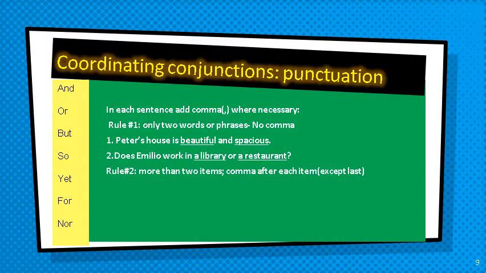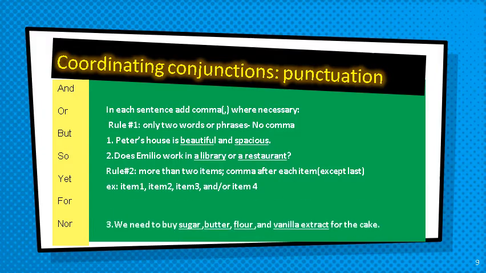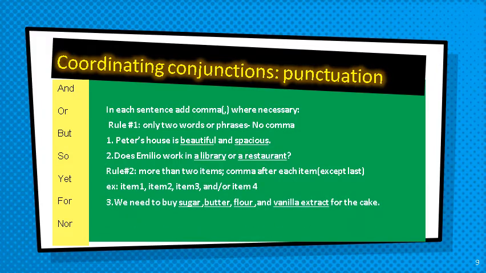Rule number 2. More than 2 items, put a comma after each item, except the last one. For example, we need to buy sugar, butter, flour, and vanilla extract for the cake. I'm still trying to decide whether to learn guitar, piano, or violin.